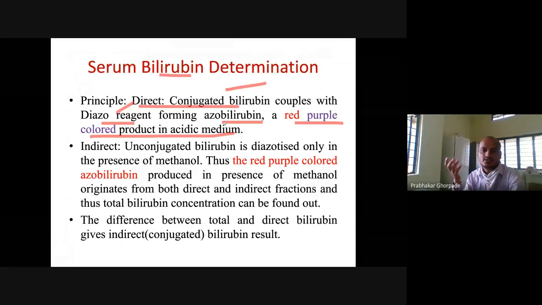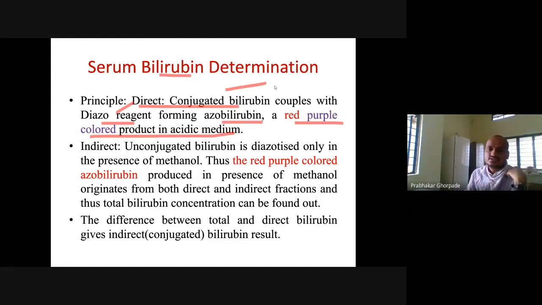Already we saw that bilirubin can be conjugated or unconjugated. It can be conjugated with glucuronic acid, or it may not be, and based on that, conjugated and unconjugated forms exist.